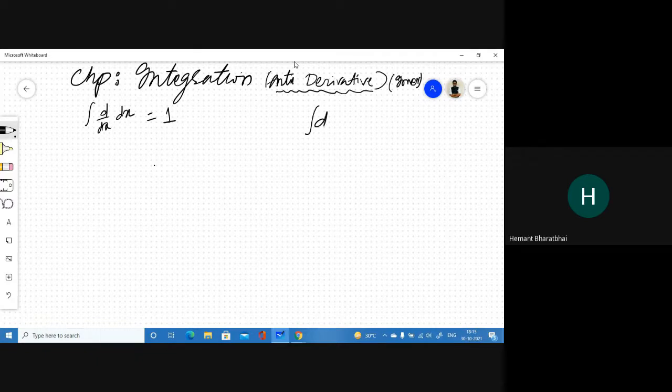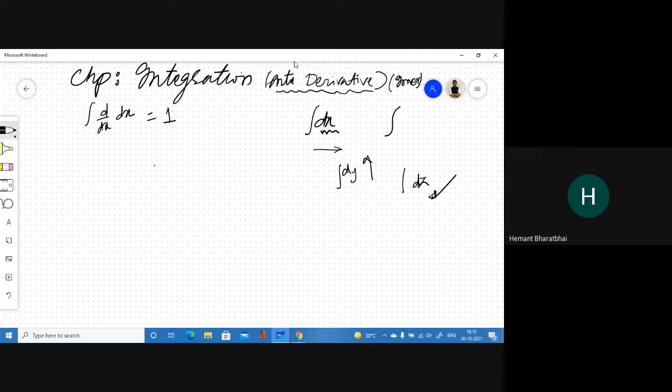Integration, this symbol doesn't have any meaning without giving the variable. Integration means adding, and when I'm writing dx, it means I'm telling you to add in the x direction. If I'm writing dy, then I'm saying add in the y direction. If I'm writing integration with respect to dz, I'm saying add in the z direction.